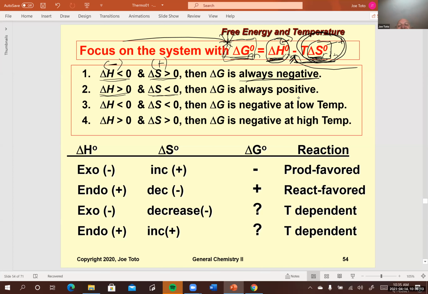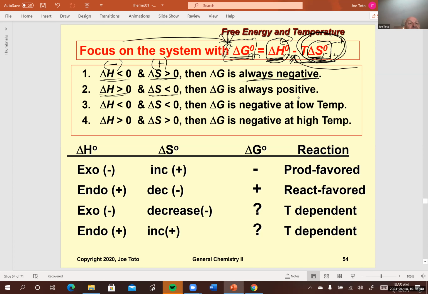Does everyone see that? You see how that dictates the sign of delta G? Okay, awesome. Now, once you see that, then all the rest should fall in line.